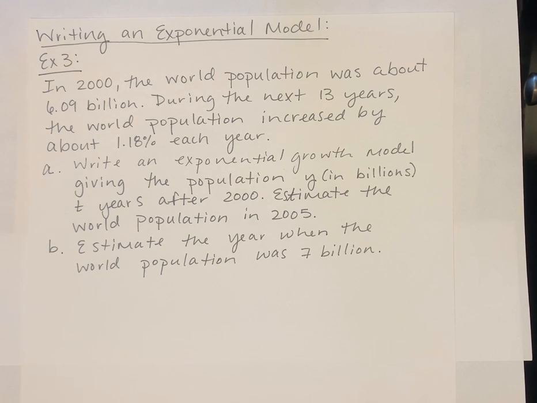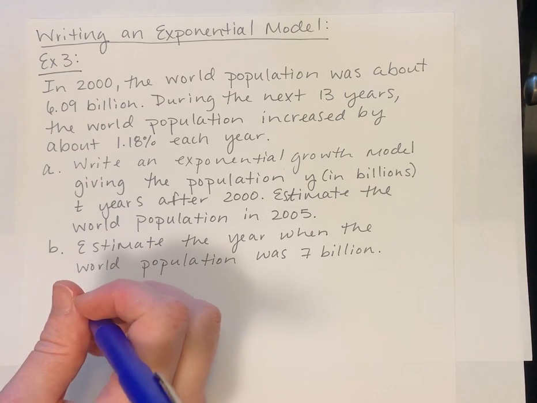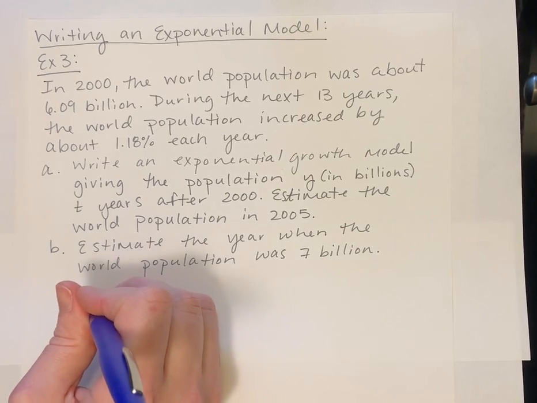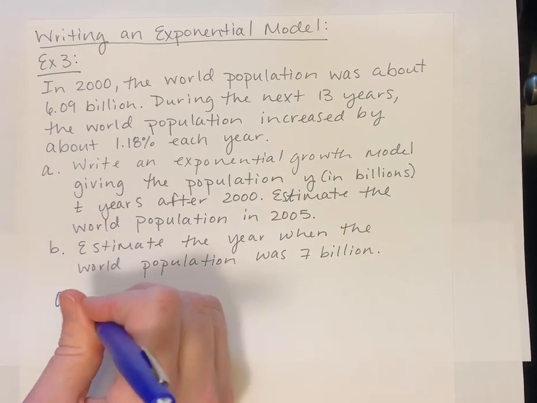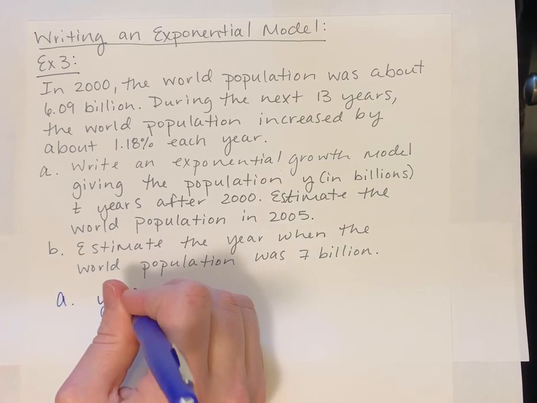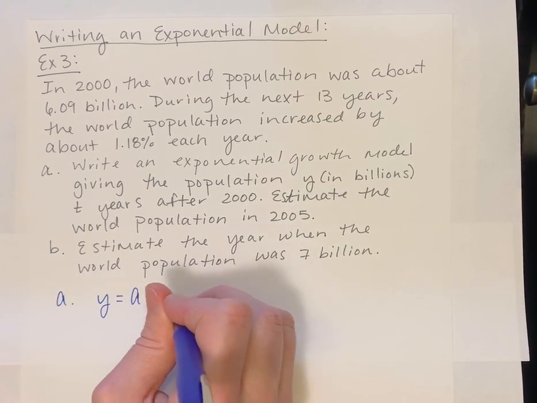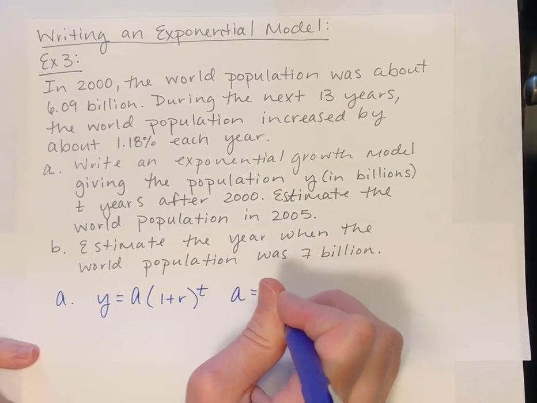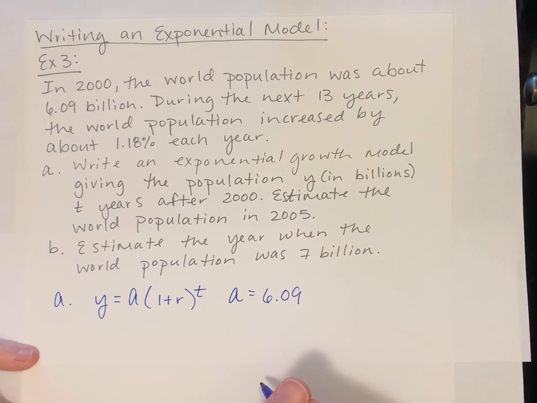All right, so first of all, we have to look at all the information they gave us. So it tells us that the world population is 6.09 billion. So that is our initial amount. So if you remember, first of all, this is a growth model. So for part A, we're going to be looking at y equal to a times 1 plus r to the t, where a is going to be 6.09 because it's our initial amount.